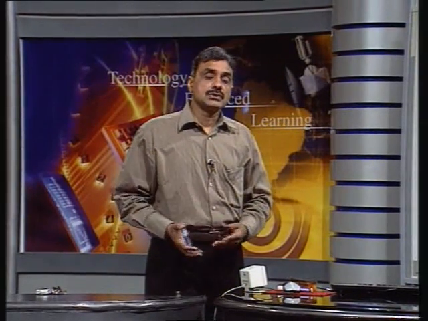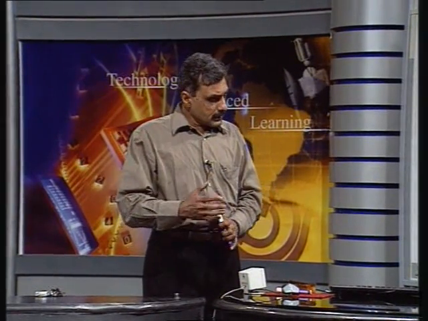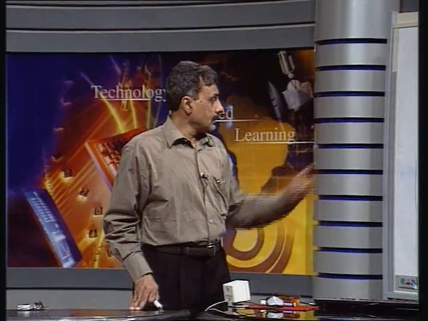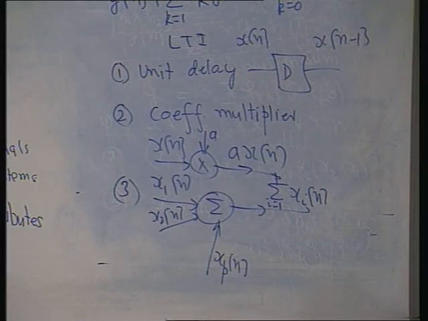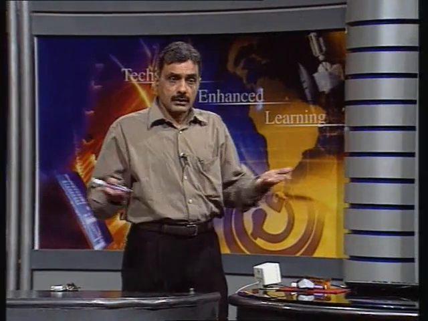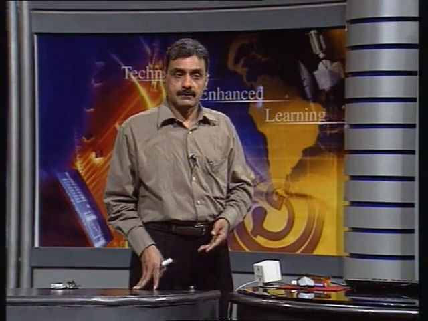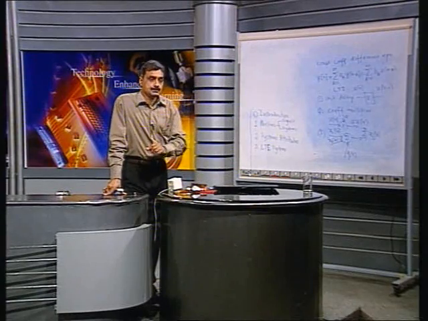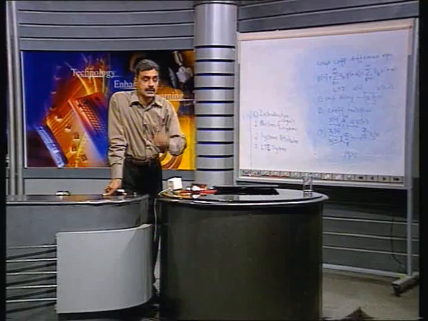The beauty of this realization is that a delay remains a delay because it is a software delay, and it is not going to change with time. The coefficient you multiply with is stored in the memory and cannot change with time. Even the adder will always perform addition, no matter the time or temperature. So these operations are not going to get affected by time because of aging and all that.